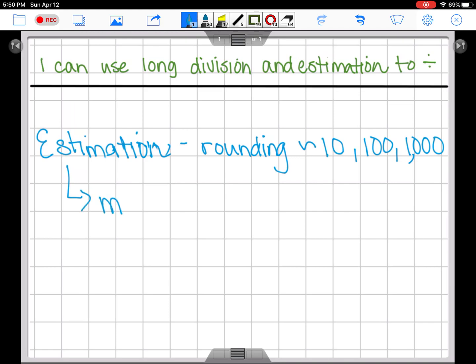However, estimating is really there to make things easier. That said, I want you to think about some other numbers that you might actually end up rounding your dividend or divisor to that aren't a 10, 100, or 1,000, but that would be really easy to work with.